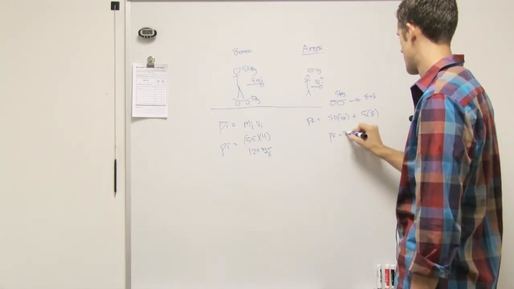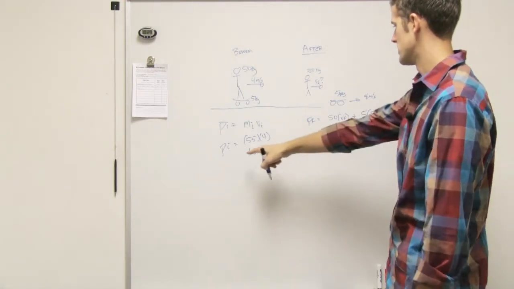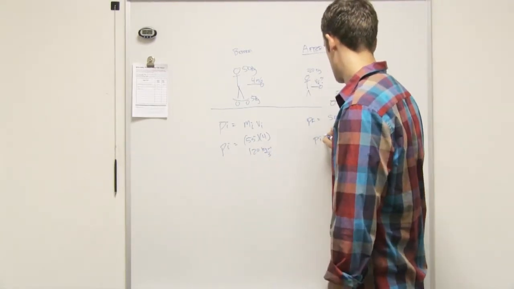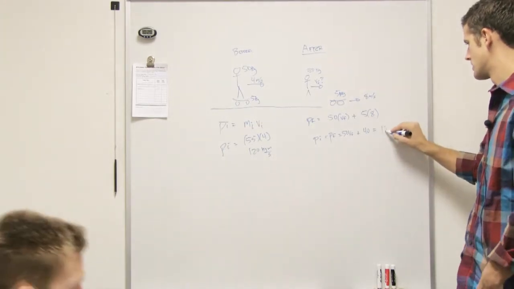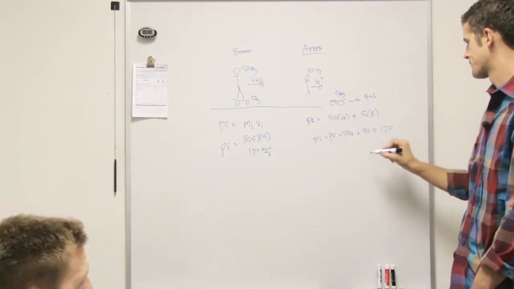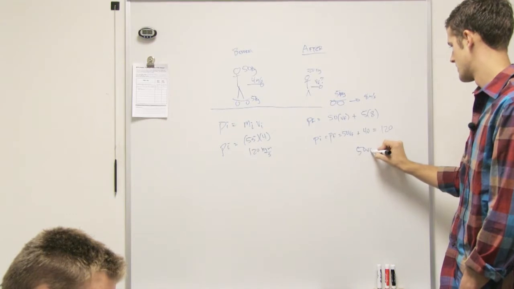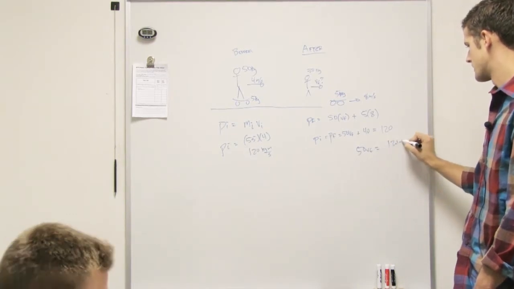Well, so this was our initial. All right. So what does this all equal to? 120. So you have 50 V equals 120 minus 40.